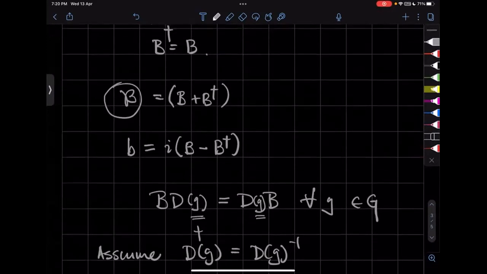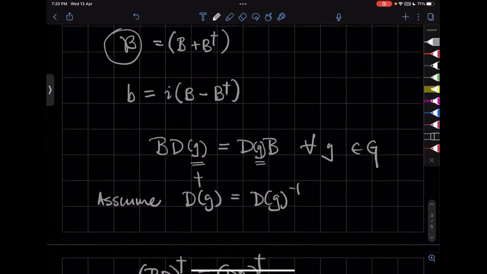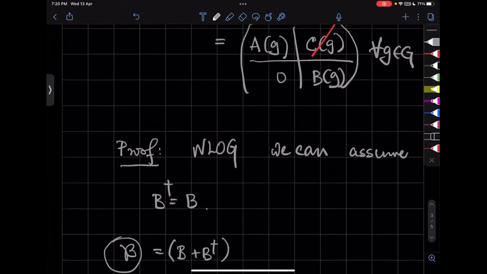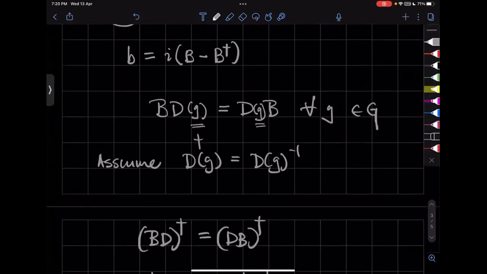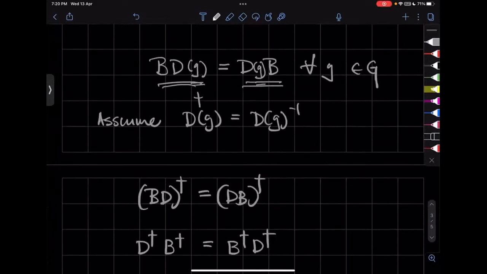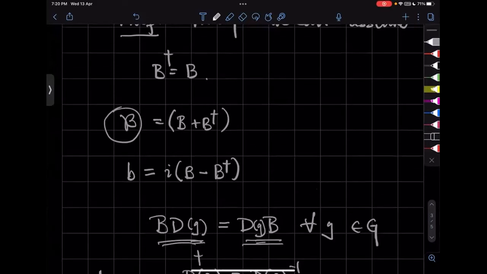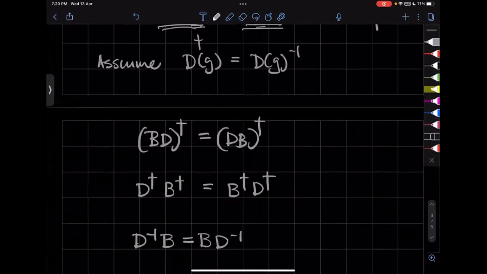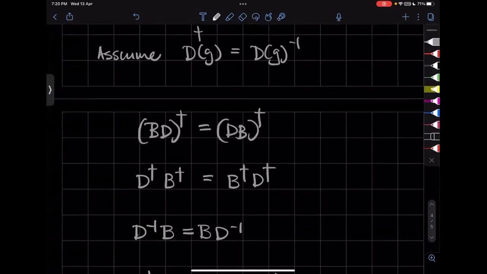So let me tell you what I was trying to do. Of course, we have assumed that B commutes with D. But what I wanted to show is that B dagger also commutes with D, so that when we take this sort of linear combination, this thing also commutes. And of course, if I want to show that, then I cannot assume B is Hermitian.